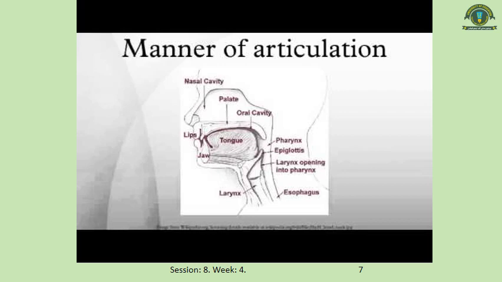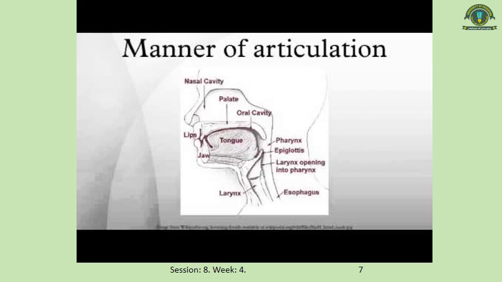In the previous slide we tried to understand that something happens to airflow. When air is pushed upward from the lungs, something happens to it. The first place something happens is the vocal folds, vocal bands, the voice box, the processor. And afterwards we are left with the oral cavity or nasal cavity.